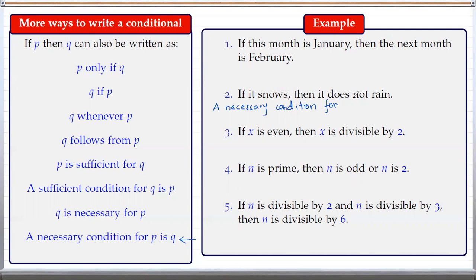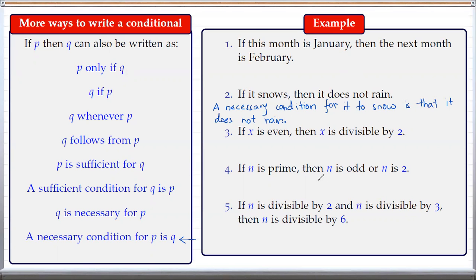For, I can write it in a little different way, saying for it to snow is that it does not rain. Here for it snows, I wrote it in a little different way, for it to snow, so that it makes a little bit more sense.